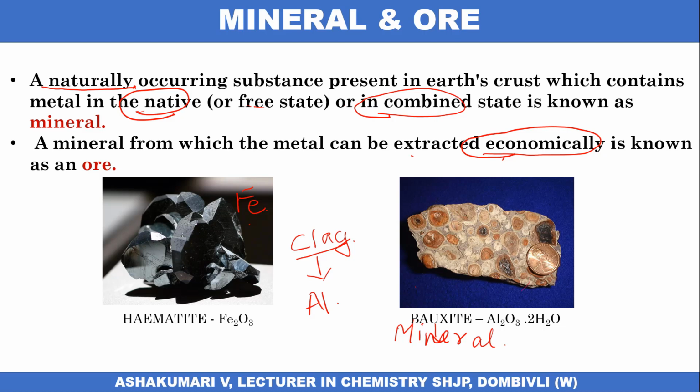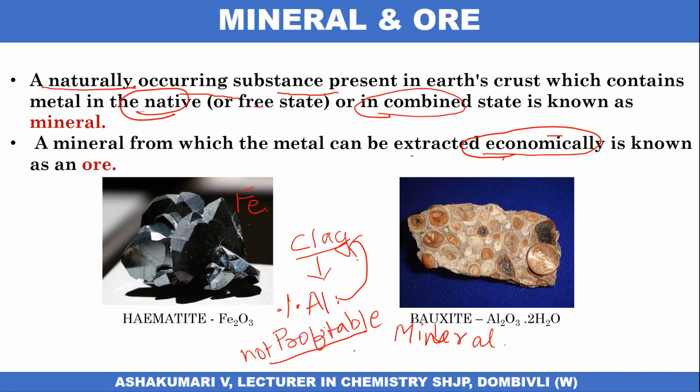But we cannot extract aluminium from clay because the percentage of aluminium in clay is very less. Hence, the entire process is not profitable. Hence, we say that clay is a mineral of aluminium, but it is not an ore of aluminium.